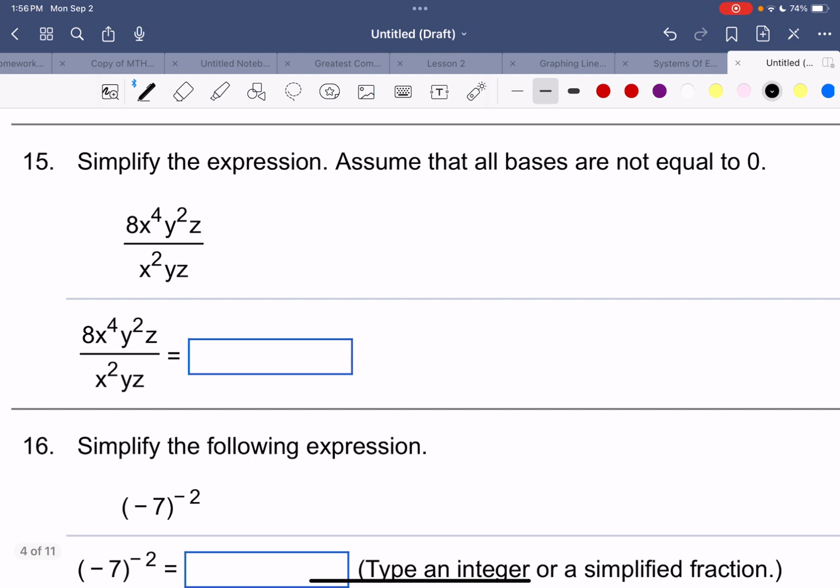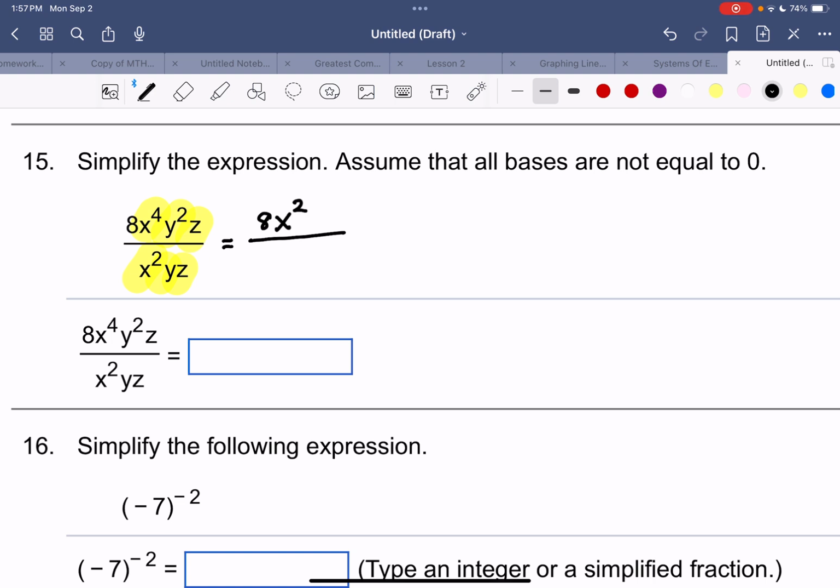All right. Number 15. Let's see. I see x's that will reduce, y's that will reduce, and z's that will reduce. So the 8 has nothing to reduce with, so it's going to stay. I have x to the 4th, x to the 2. I have more x bases in the numerator, so they're going to end up there.